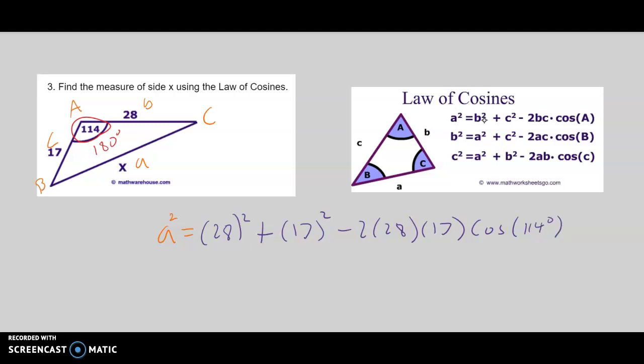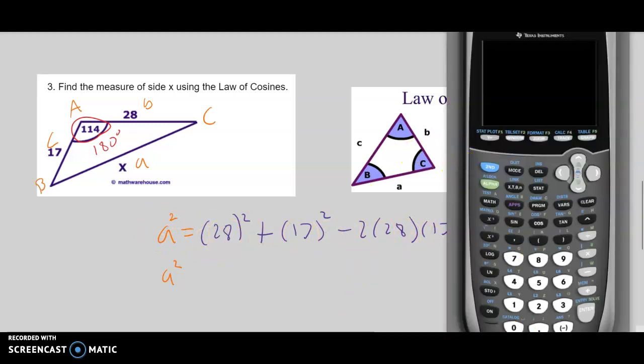So I'm solving for A squared here. I'm just going to plug all of this into a calculator. It's a lot, but in this case it's pretty easy because I don't have to solve this algebraically. I don't have to do anything else. A is already by itself, so all I have to do is plug this into a calculator.